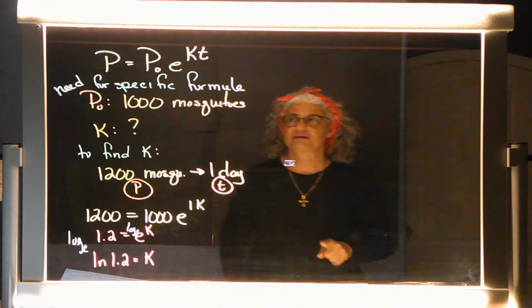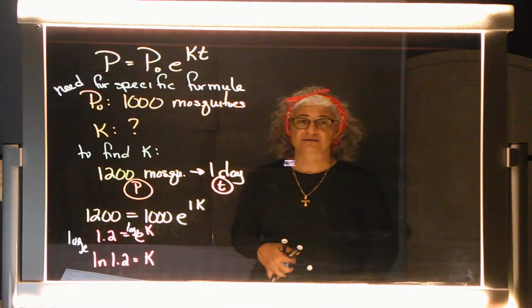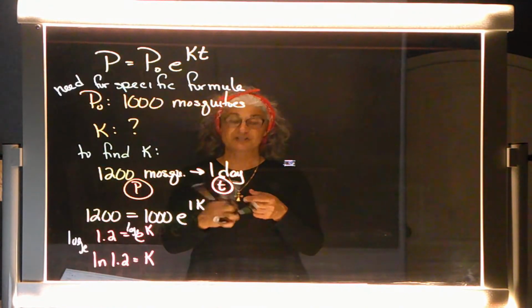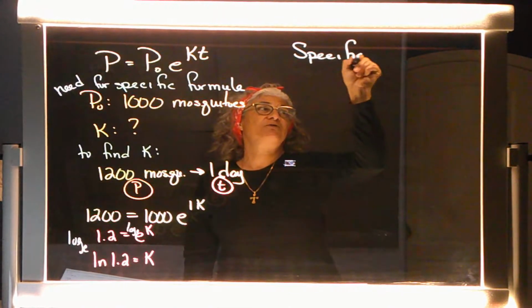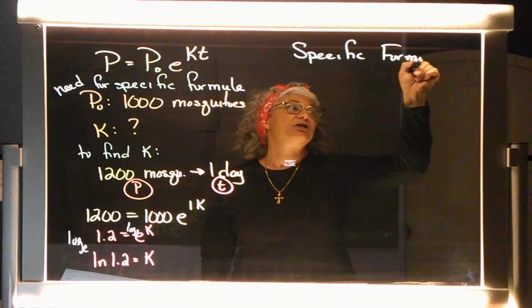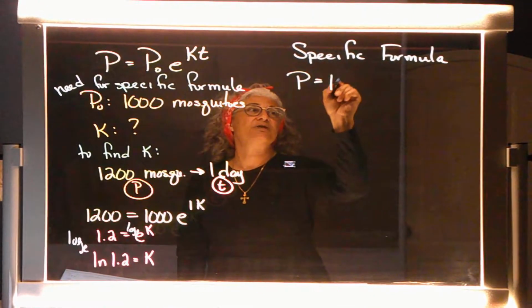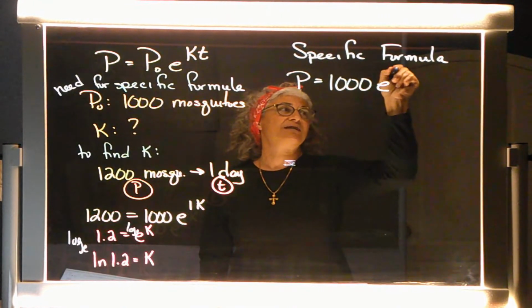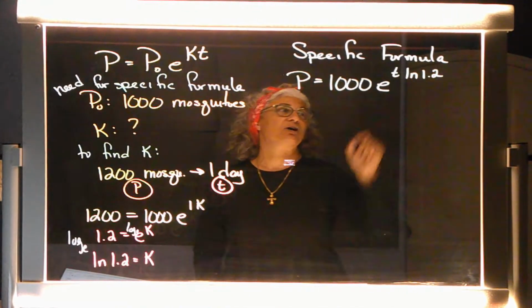Remember that. So I'm not going to use the decimal form of this natural log of 1.2. So here's what you just told me. You just found the specific formula for this problem. The specific formula looks like P is equal to the initial amount times E raised to the time multiplied by K, which was natural log of 1.2.